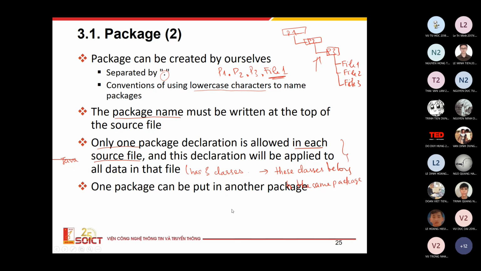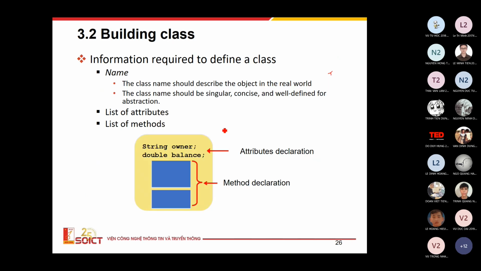Okay, so now we know about packages already, and now we will see how we can write down the classes. For example, each class corresponding to one file in this package. This is the second part. We will know how to build a class.